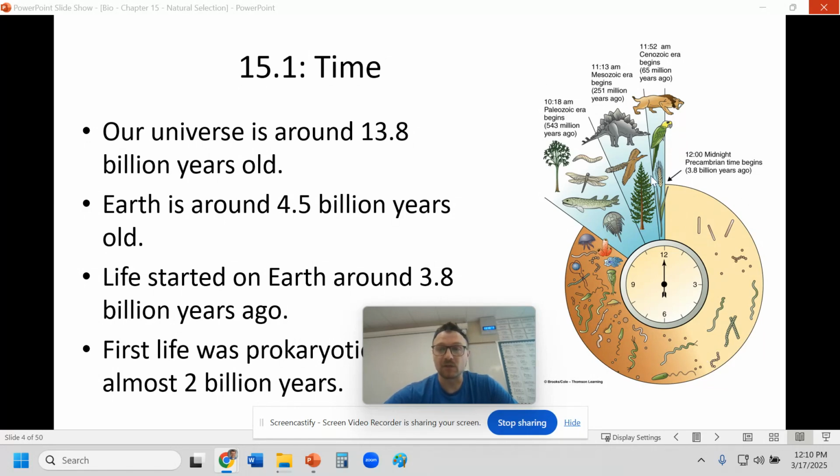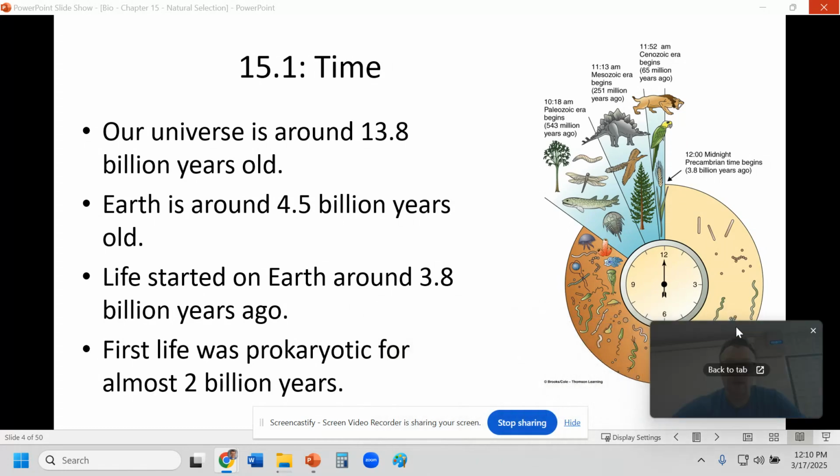If midnight is the beginning of the universe till now, it wasn't until about 10 o'clock that we start seeing the first life being multicellular and complex. And really, humans have only been on Earth for just a couple of seconds because of the overwhelming time that has occurred since the beginning of the universe till now.